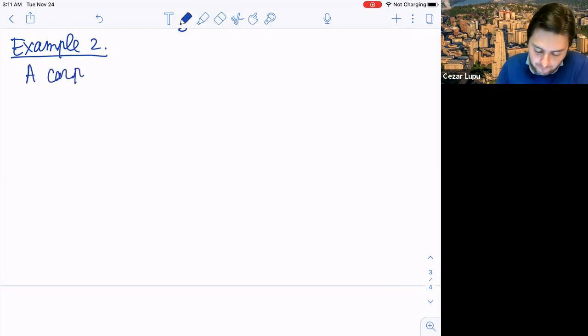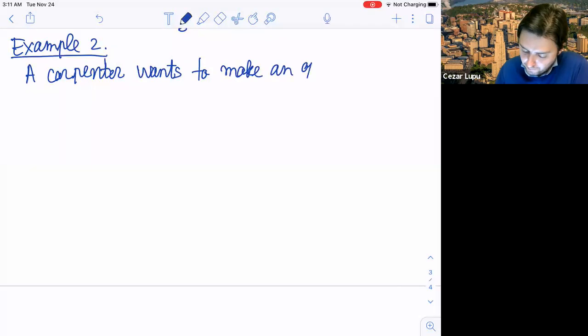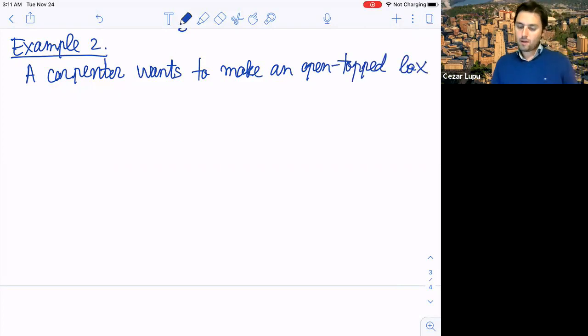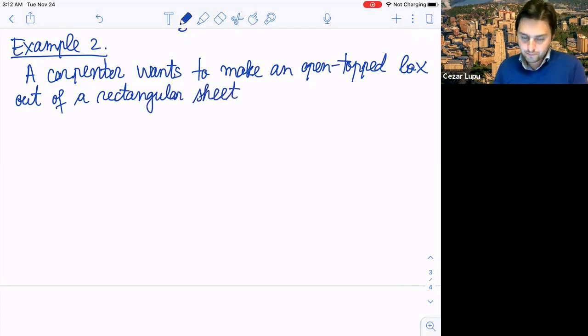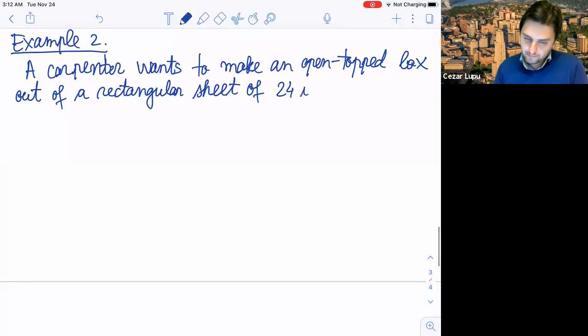A carpenter wants to make an open top box out of a rectangular sheet of 24 inches wide and 45 inches long.